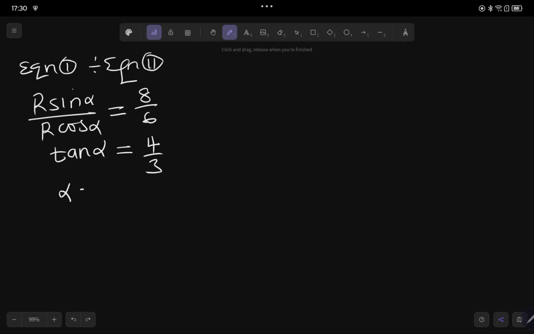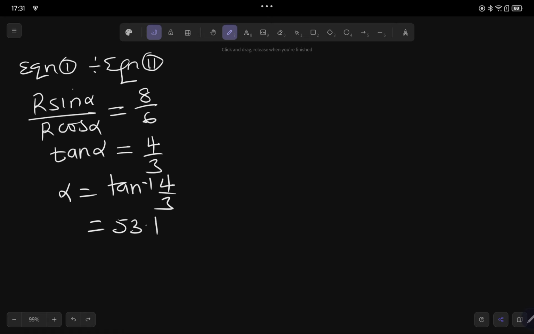So alpha becomes tan inverse of 4 over 3. We are only stopping at acute angles, so don't go looking for whatever tan is positive.